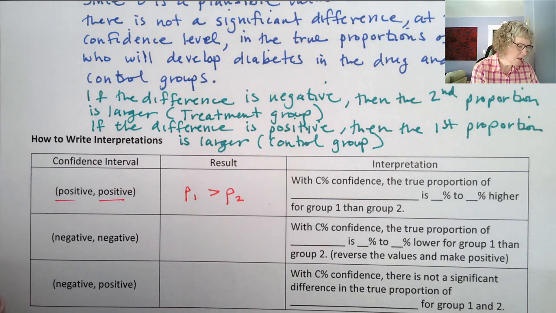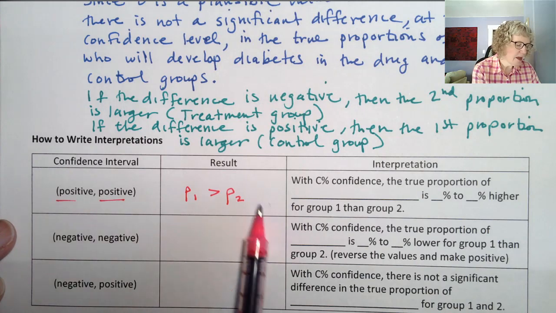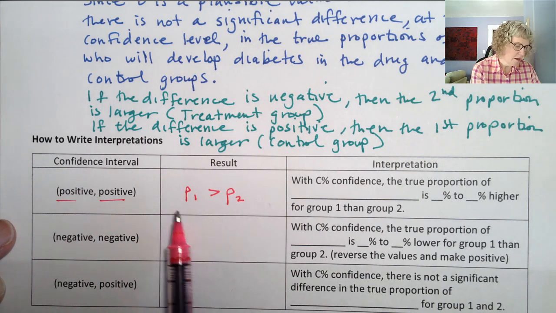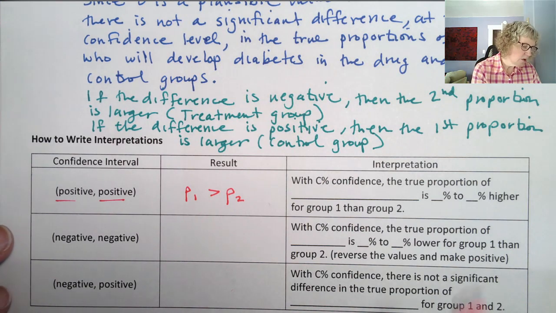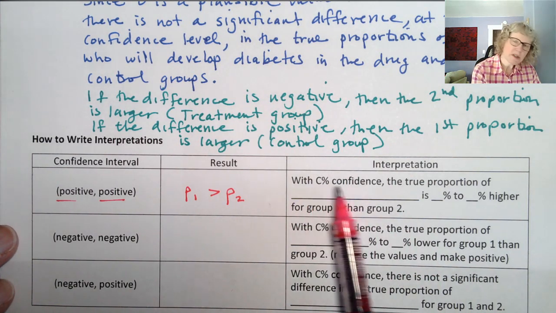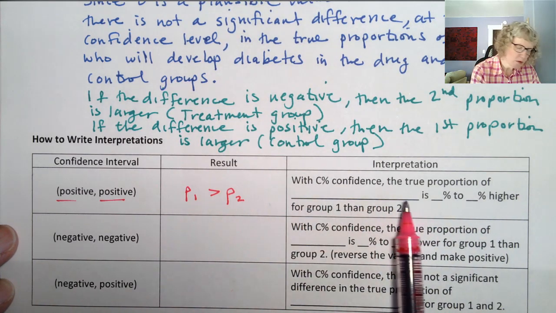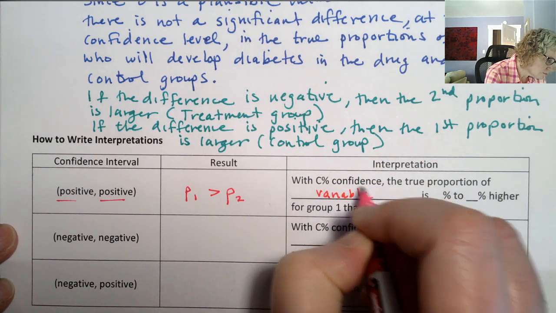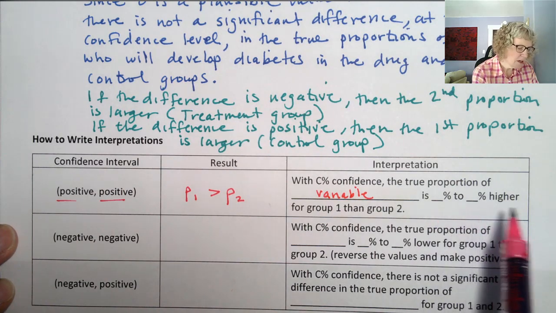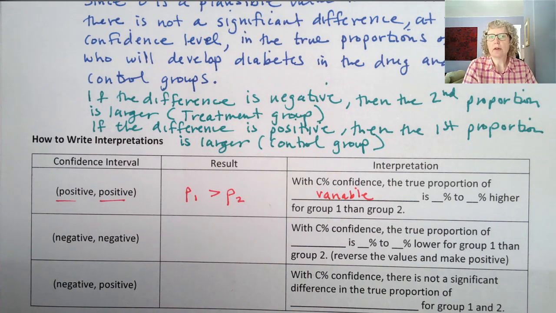And I'm using the population, not the hats, because we're trying to estimate. We would be estimating that P1 is larger than P2. Our interpretation would go: with whatever percent confidence, the true proportion of blank, that's whatever we're measuring, our variable, is blank to blank percent higher for group 1 than group 2. That's a lot like how we wrote out the first interpretation.